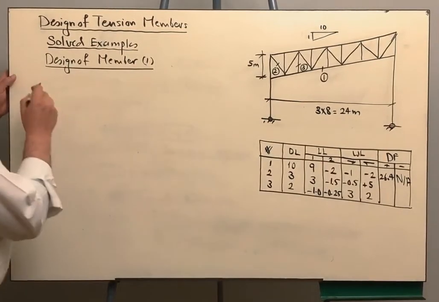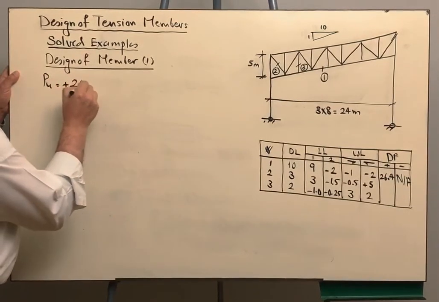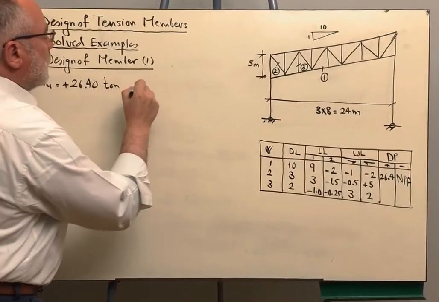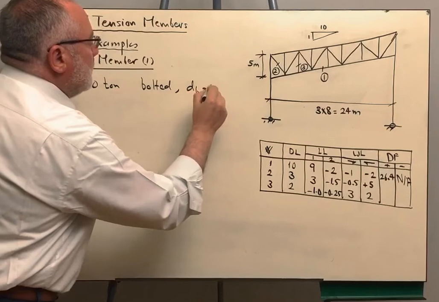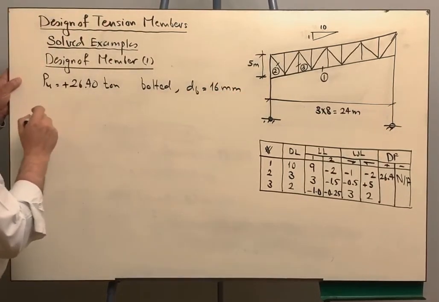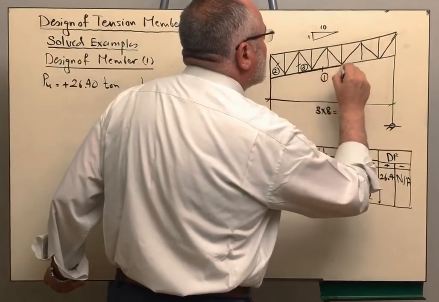So we are given here that the design force P ultimate is 26.4 and the connections are bolted with a bolt diameter of 16 millimeters. And of course the member is found in the bottom chord. This is the bottom chord.